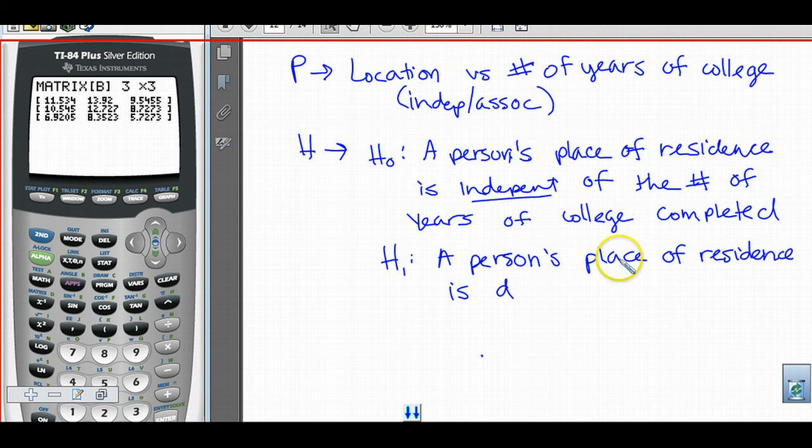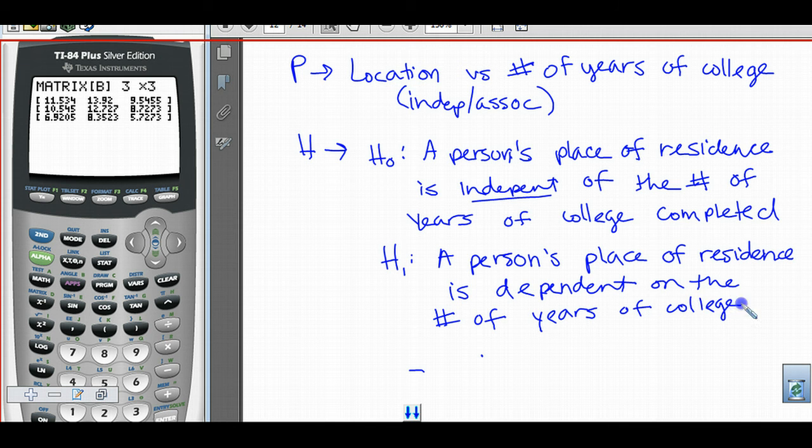A person's place of residence is dependent on the number of years of college completed. I'm doing a little more of this. Hopefully you guys can take up a little more room this way so you're not writing so vertically, because I want to keep this up for what we're doing next.